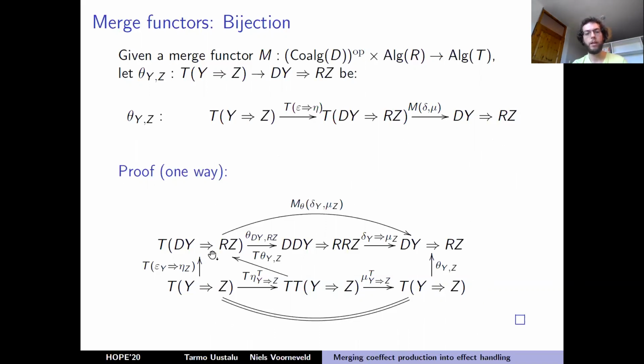So from an interaction law, we retrieve what the constructed merge functor looks like on the co-free and the free algebra using the composition from before. And then using this composition here, we can see, using the conditions on the interaction laws, the unit and multiplication conditions, that when we construct the merge functor and then the interaction law, we get back our original interaction law, given these conditions.